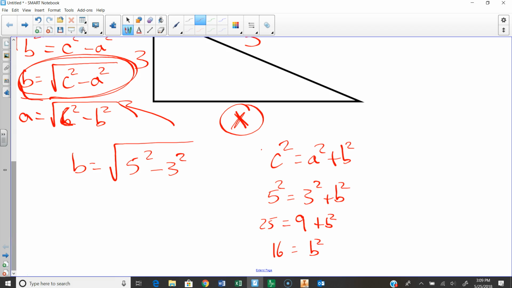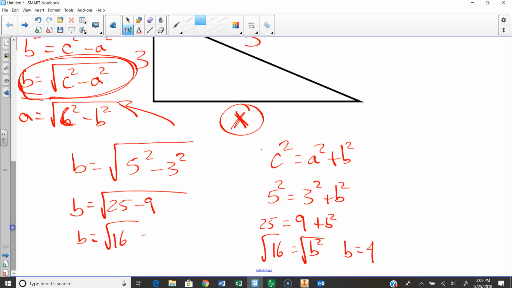Take the square root of both sides, and B would be 4. Meanwhile, over here, if I solved the equation explicitly first with the letters and waited to put in the numbers, it would be 25 minus 9, and it would still come out to be the exact same answer, of course.